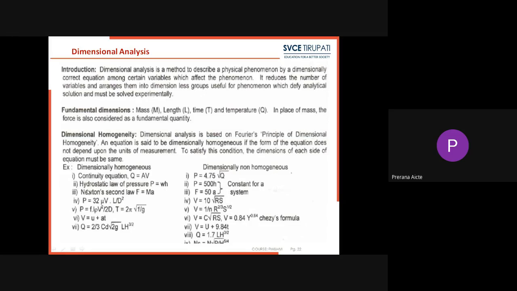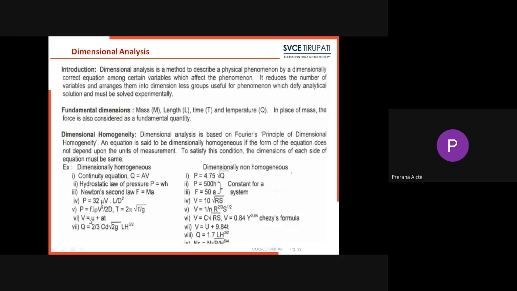Similarly, we have another one, that is the hydrostatic law of pressure, P equals gamma H. And Newton's second law, that is F equals ma, and another one, P equals 32 mu v L by d square. Then another equation, pressure P equals f into l into v square by 2gd, and T equals 2 pi square root of l by g.